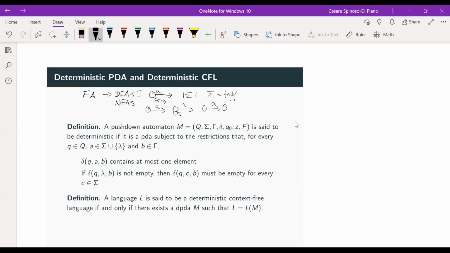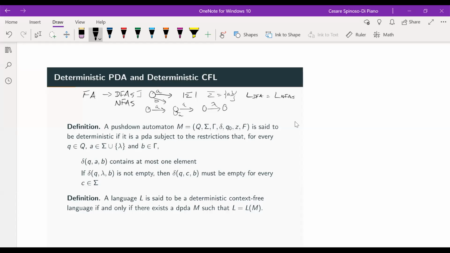Right, so that was non-determinism for FAs. And just as a reminder, we had shown that the languages accepted by DFAs is equal to the languages accepted by NFAs, meaning that DFAs and NFAs have exactly the same power. So they have the same power of accepting exactly the same languages, right?